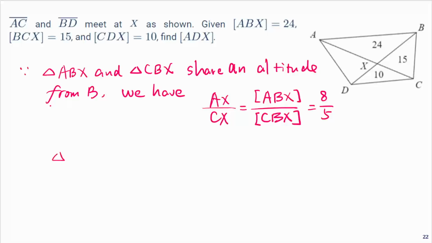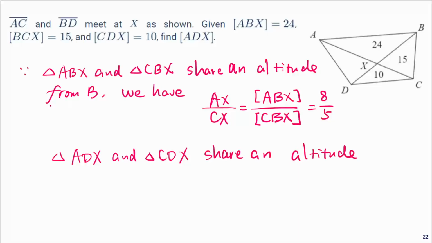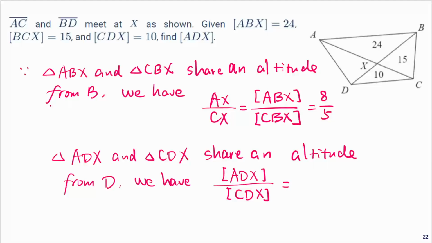Also, triangle ADX and triangle CDX share an altitude from D. Then we have the area of ADX over the area of CDX should equal AX over CX, which is also 8 over 5, right?